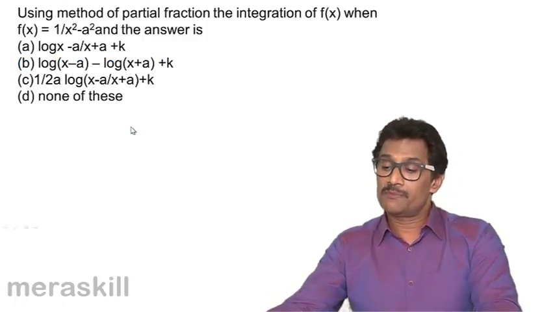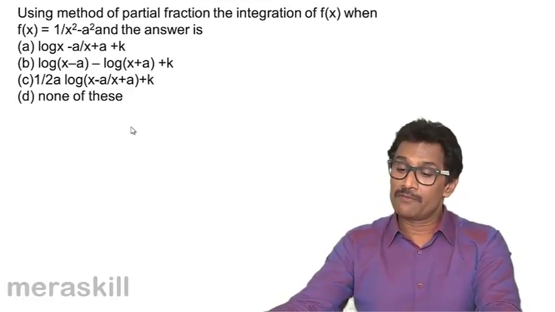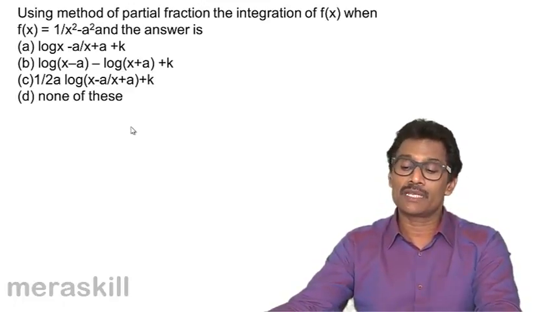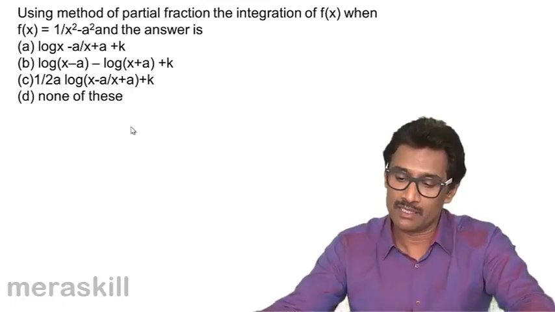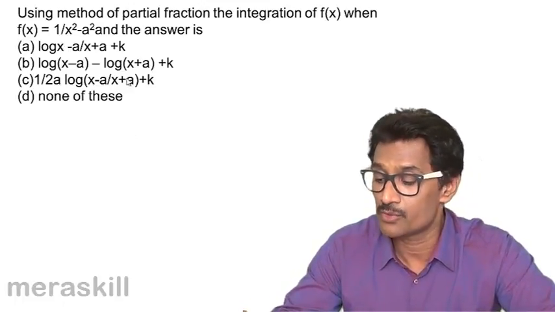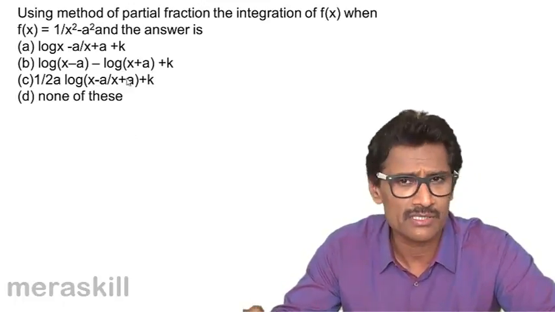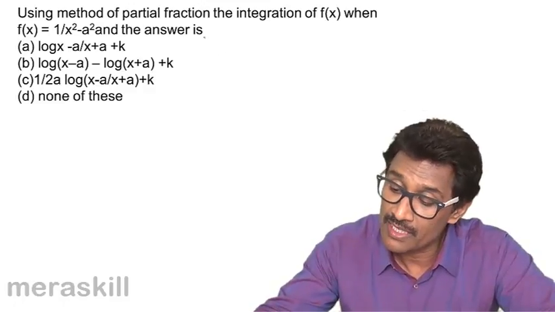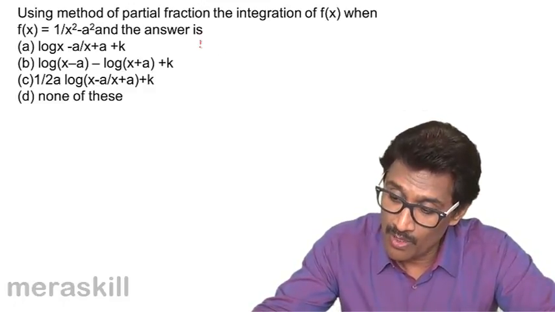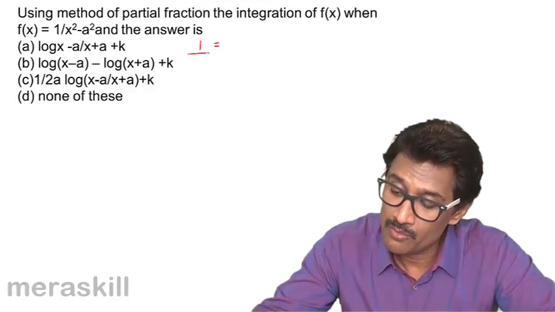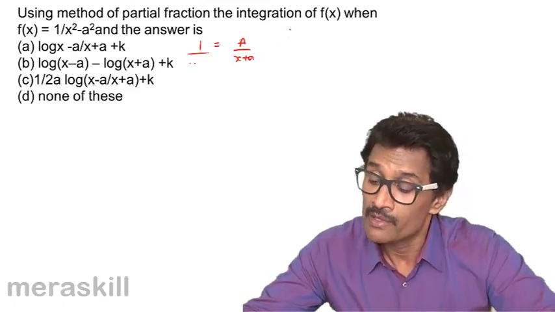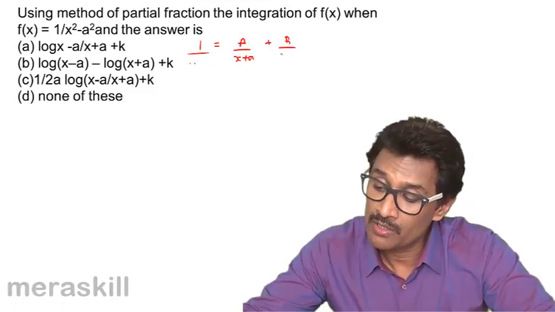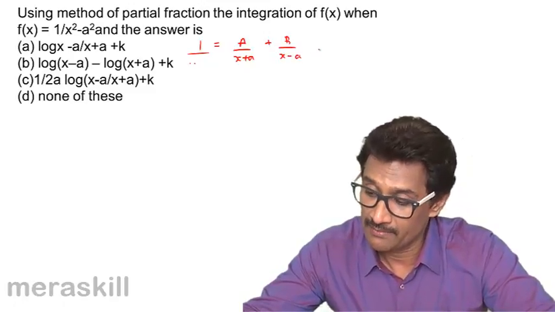Okay, using method of partial fraction, the integration of f of x when f of x is 1 upon x square minus a square is nothing but option number C. But let's do it by partial fraction, just to brush up. So it's eventually 1 upon x square minus a square is going to be A upon x plus a plus B upon x minus a.